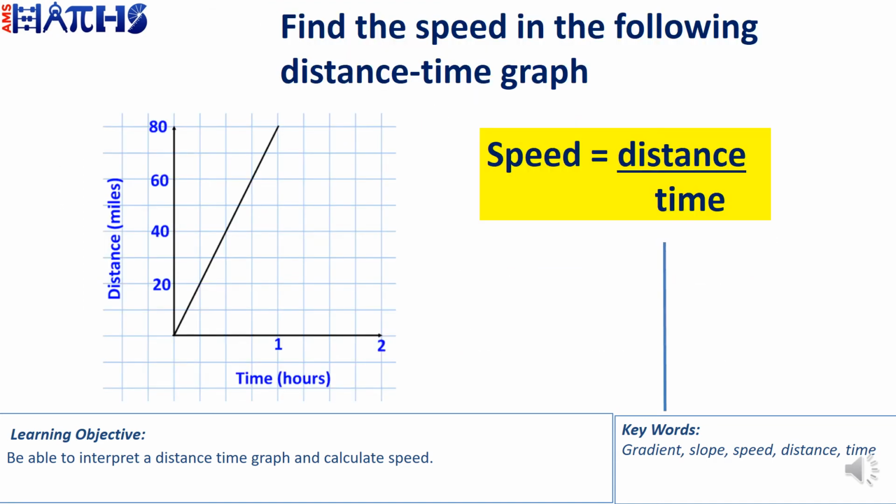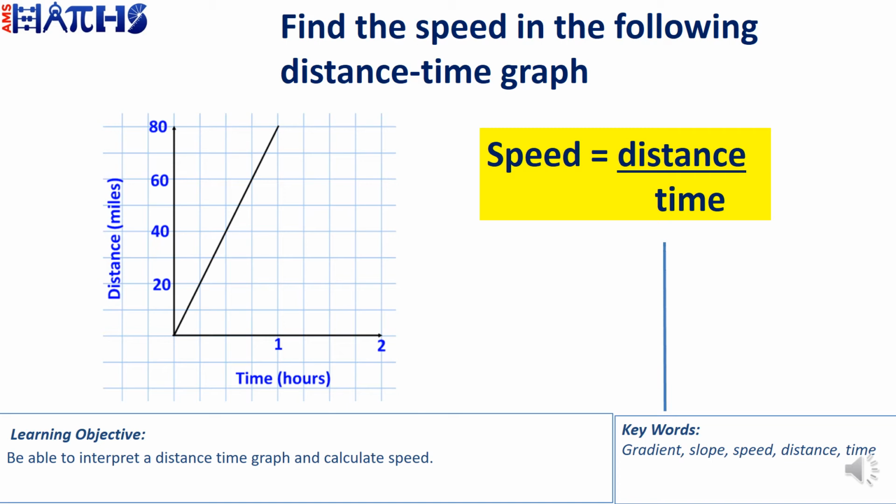Let us explore finding the speed of the distance time graph here. So we're going to do it two ways, the same thing but just using different values. So it's a straight line, so we can find the gradient because the slope of the line, or the gradient of the line, is going to give us the speed of the object.